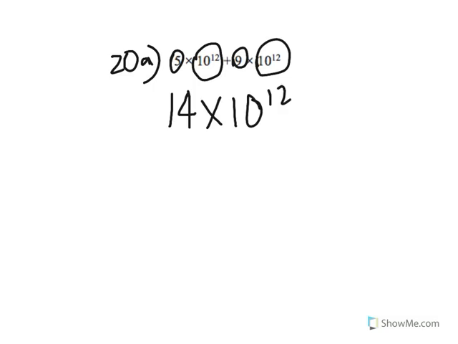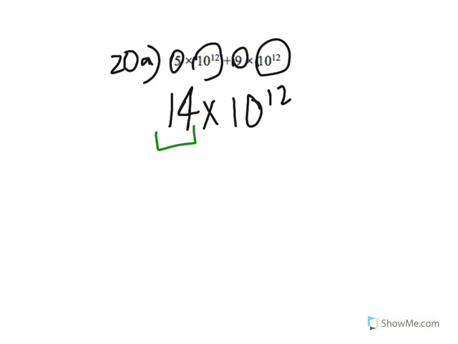Now with standard form, all your numbers should be in a form where only the ones place is present. So it can't be 14, it can't be a two-digit number, it has to be a one-digit number.